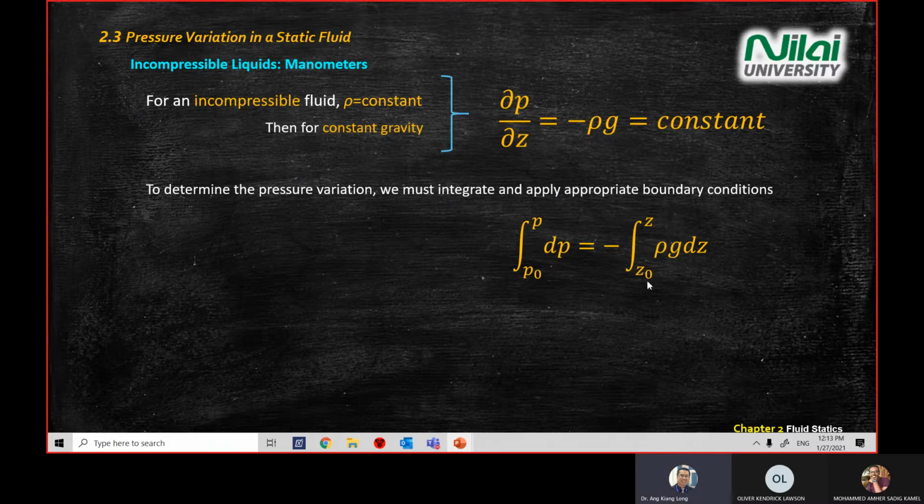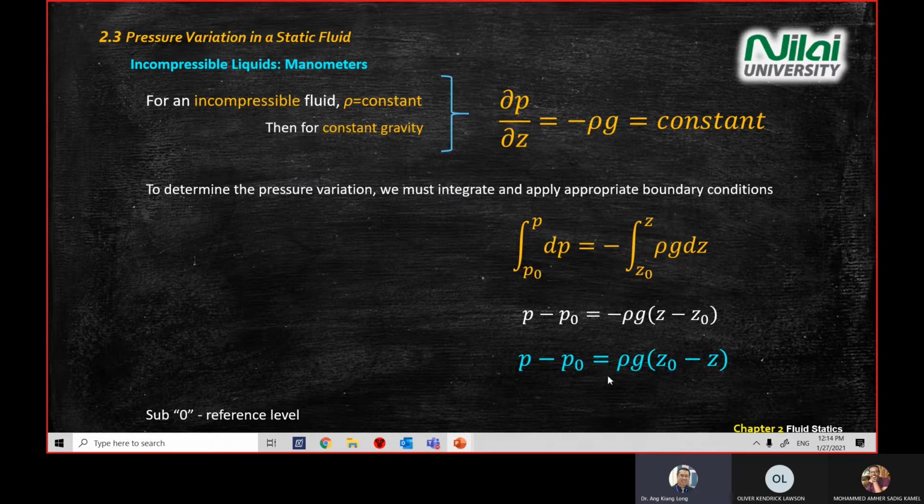On the right hand side, you integrate from your reference point Z0 to the position you intend to investigate, rho G dZ. The next step depends on your integration mathematics. If you integrate the left hand side, you get P minus P0. On the right hand side, you pull rho and G out because they are constant, and you get Z minus Z0.